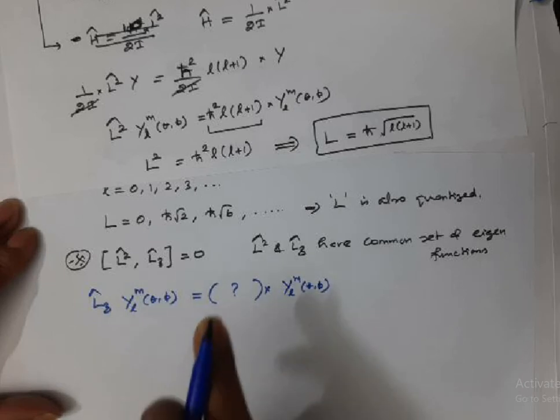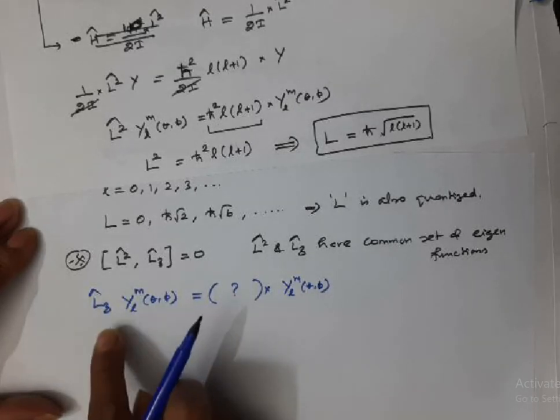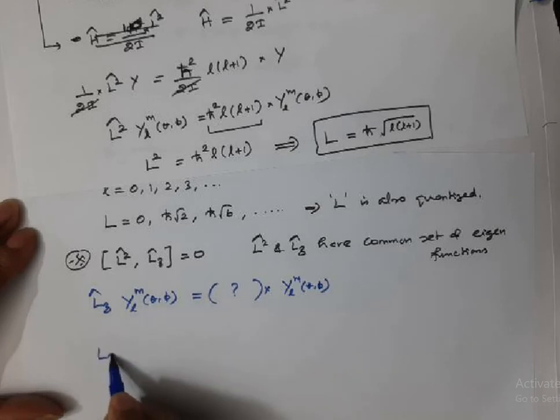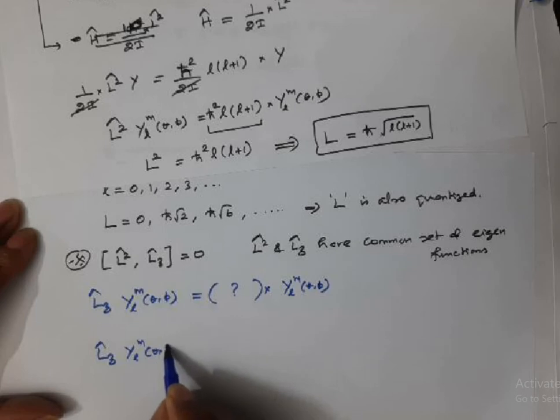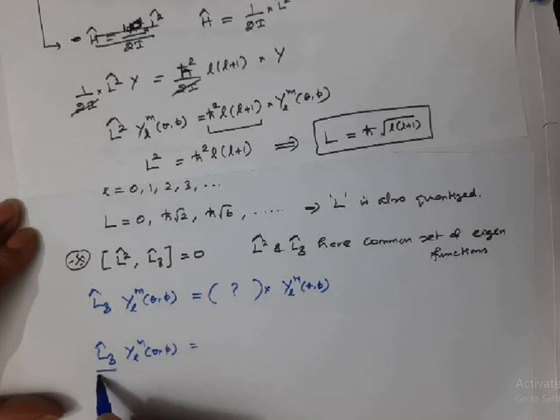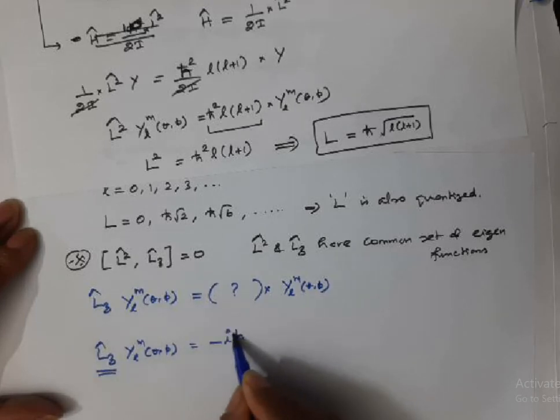So what is the eigenvalue? How to find it out? You know very well that the Lz operator acting on the function Y L m theta phi is given by the formula minus i h bar d by d phi.